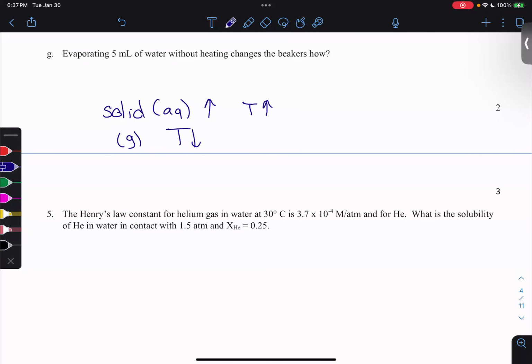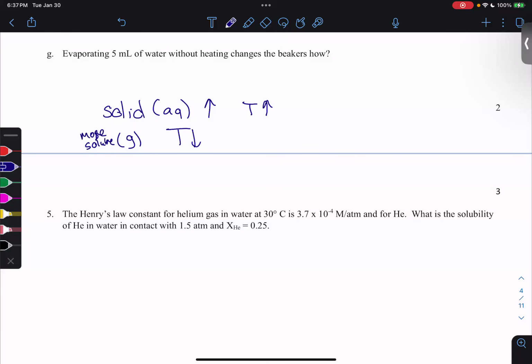Like it burns you, because what's burning you? The dissolved CO2. It's so cold, there's so much dissolved CO2 in there that it burns your tongue. And so we see that trend here, that gases are more soluble at lower temperatures. But think about it from a kinetic energy standpoint, less energy present in the sample for those gases to leave, right? So gas is more soluble at lower temperatures.